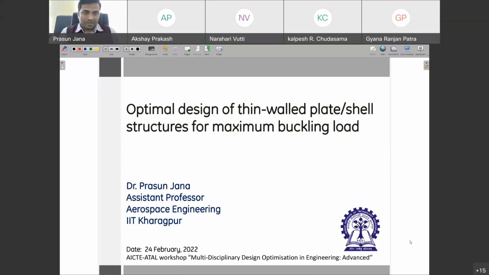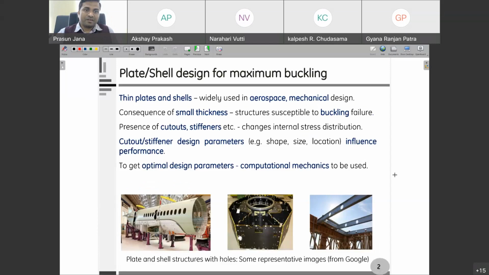So good morning, everyone. Today I'll give my presentation on this topic: optimal design of thin walled plate and cell structures for maximizing their buckling strength. Why have I chosen this problem?